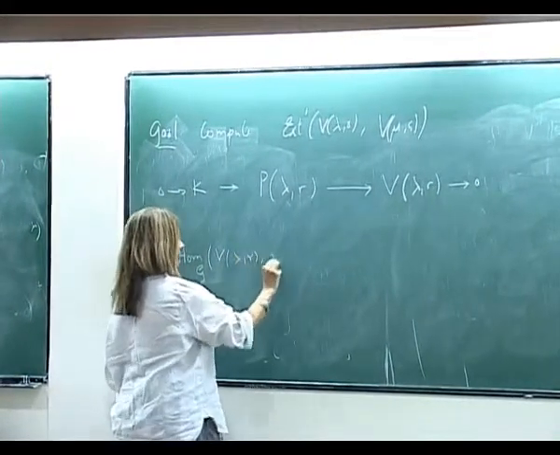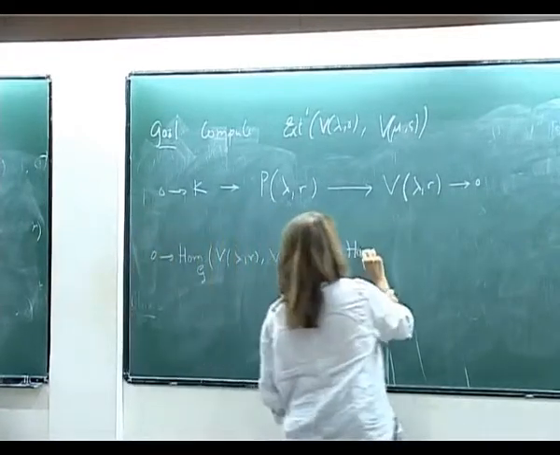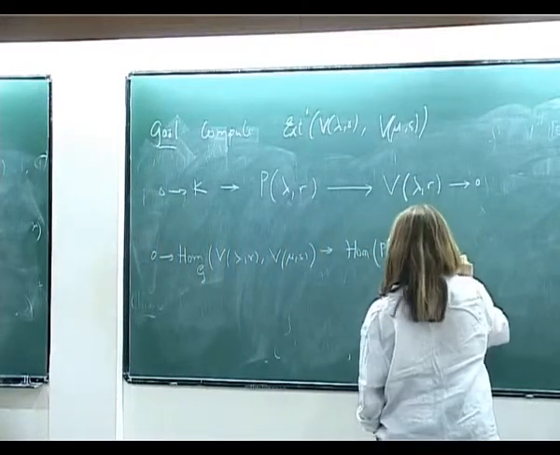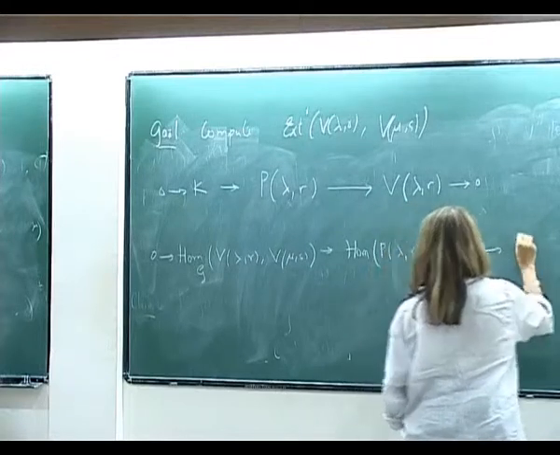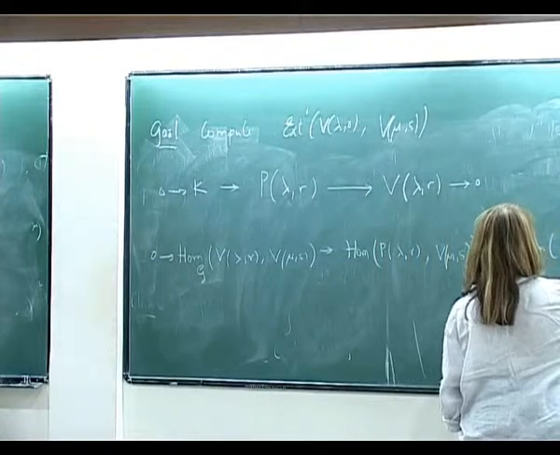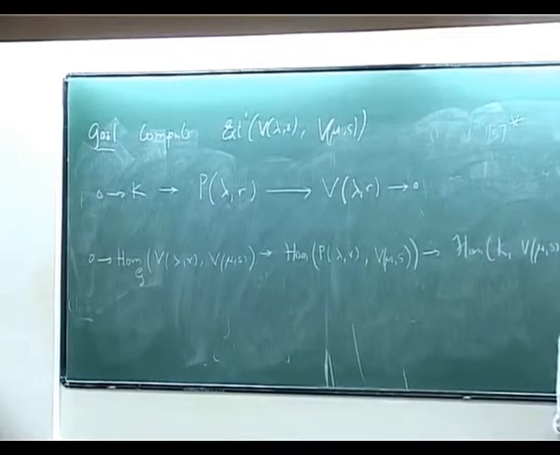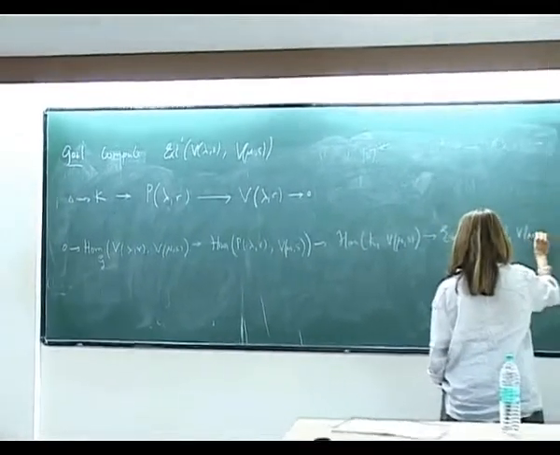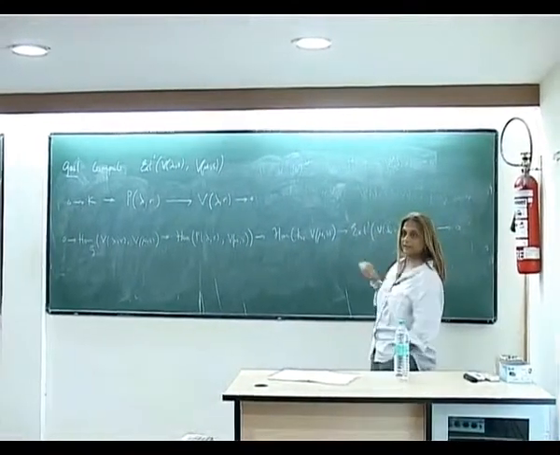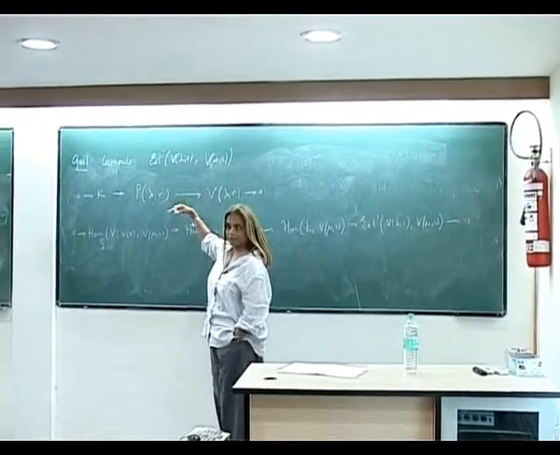So Hom of V lambda r, V mu s, to Hom of P lambda r, V mu s, to Hom of K, V mu s, to Ext1 of V lambda r, V mu s, to 0. This is 0 because the next term would have been Ext1 of P lambda r, V mu s, but this is projective, so that's 0.